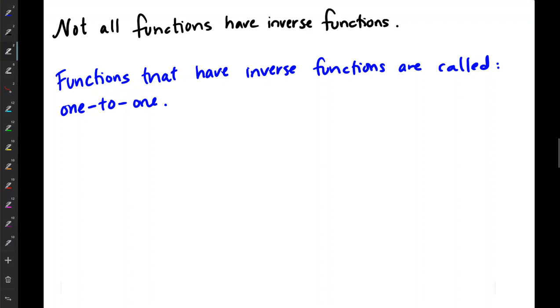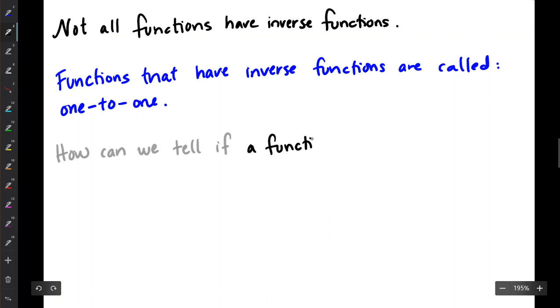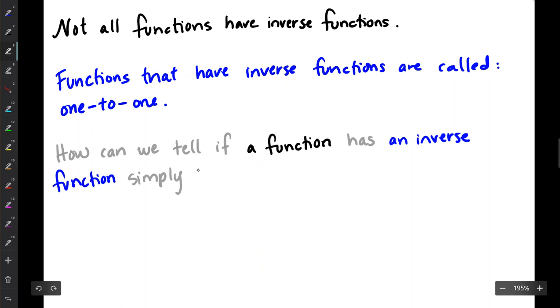And then how on earth could you tell if a function has an inverse function simply by looking at its graph?